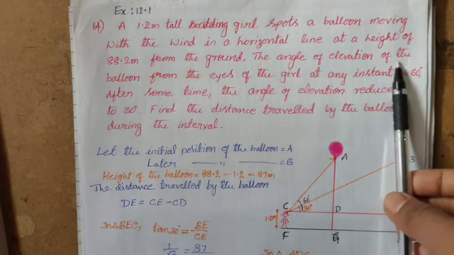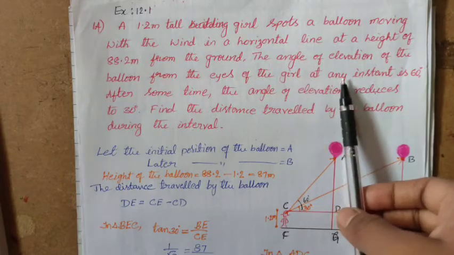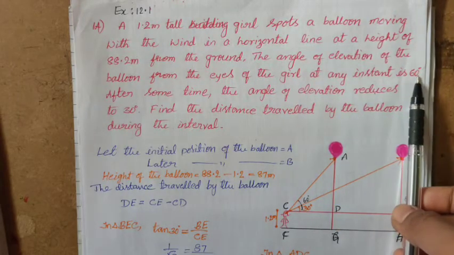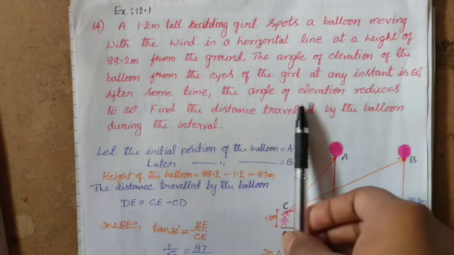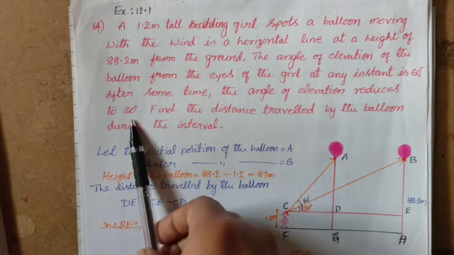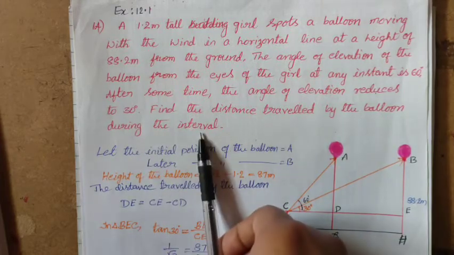The angle of elevation of the balloon from the eyes of the girl at any instant is 60 degree. After some time, the angle of elevation reduces to 30 degree. Find the distance travelled by the balloon during the interval.